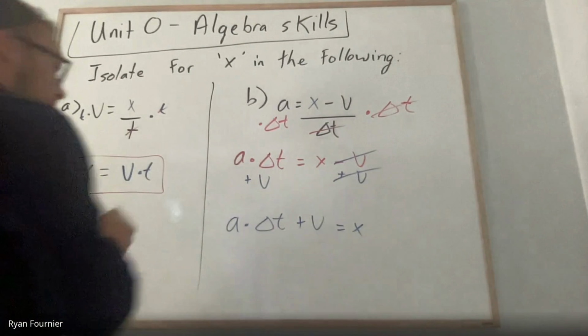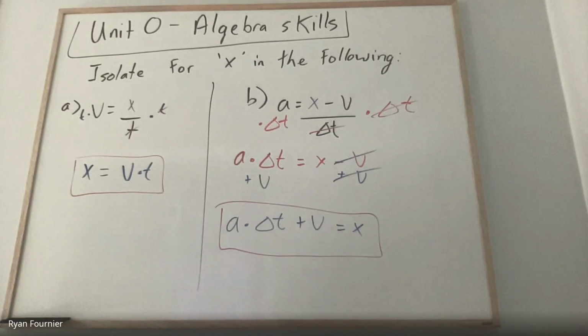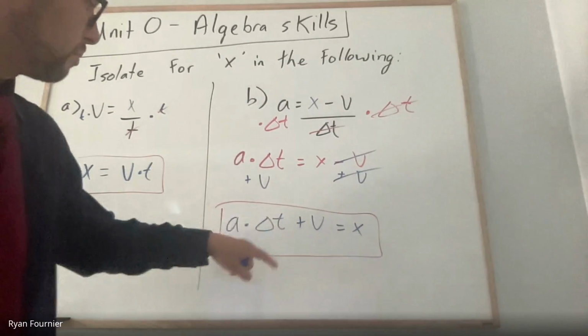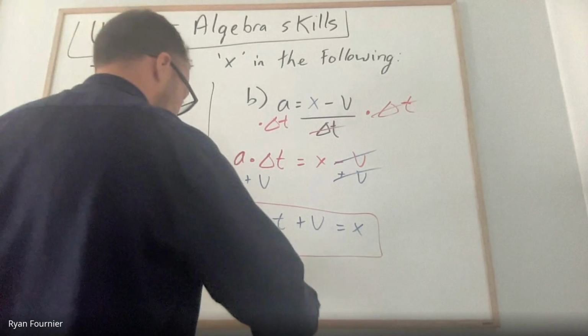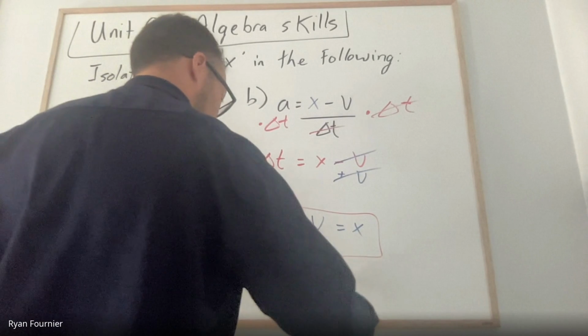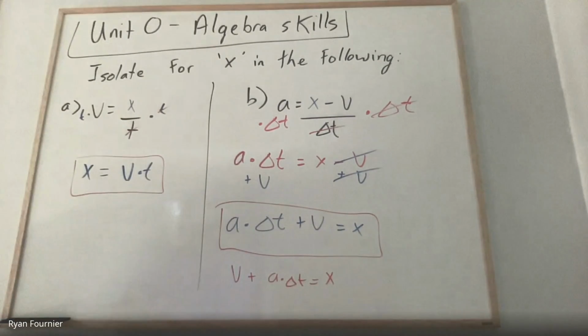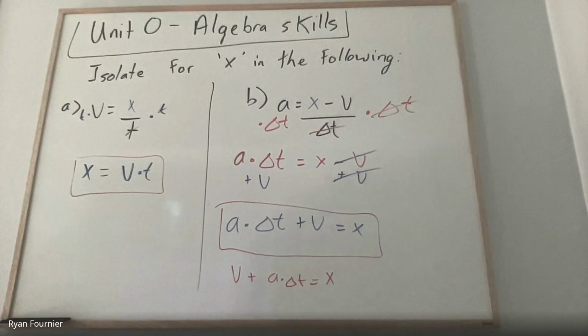And that should be the final formula that we have here. Again, if you did v plus a times t, that's also the same thing. There's no difference in that as well. So either one of these would have been right. If you did it in a different order, that is okay, as long as the final formula looks like one of these two.